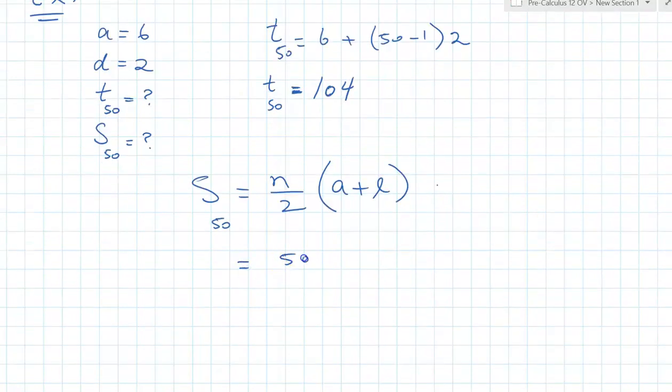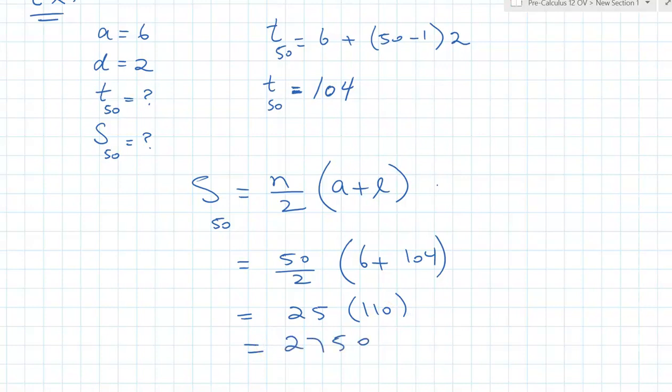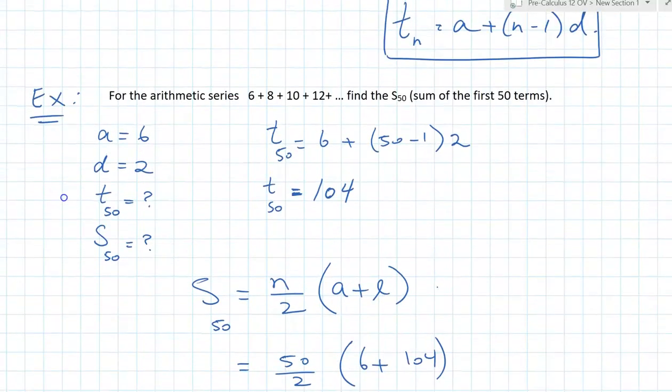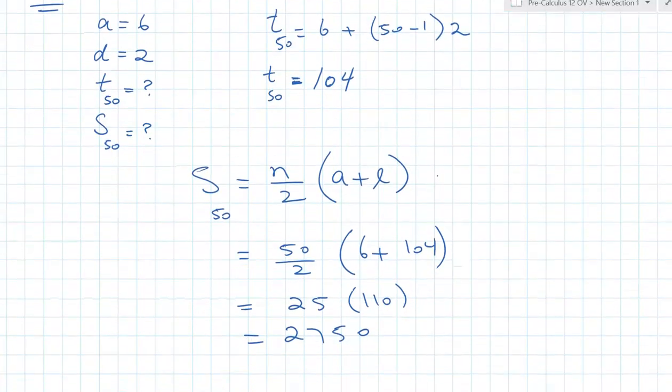N is 50 divided by 2. First term is 6. Last term is 104. And then we're going to do the math. That's 25 times 110, and that is 2,750. So the sum of the first 50 terms of this sequence is 2,750.